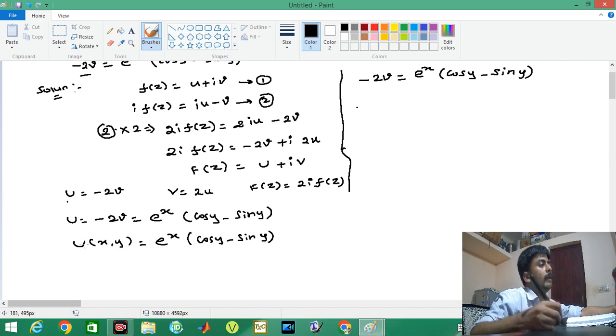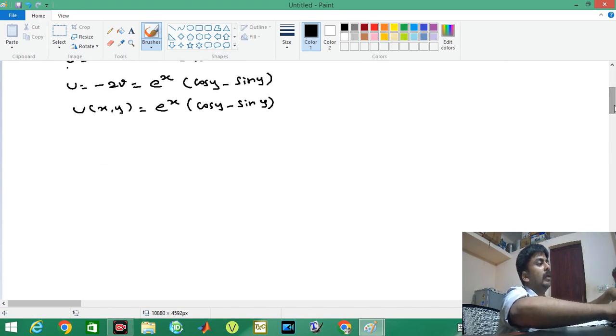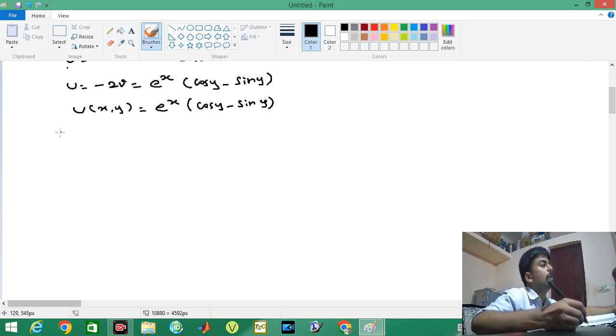Now after this, what do we have to find? After this we have to find U x of x comma y. Now we are going to find capital U x of x comma y, that is, we are going to differentiate with respect to x. So here it is in the form of uv, so u v dash plus v u dash will be the result of the differentiation.